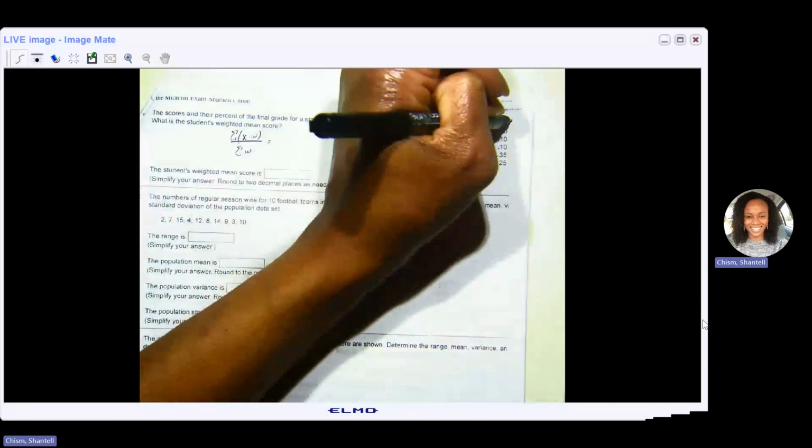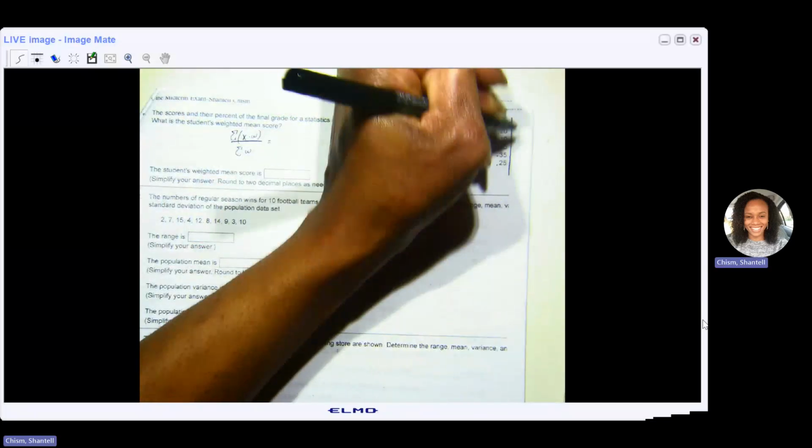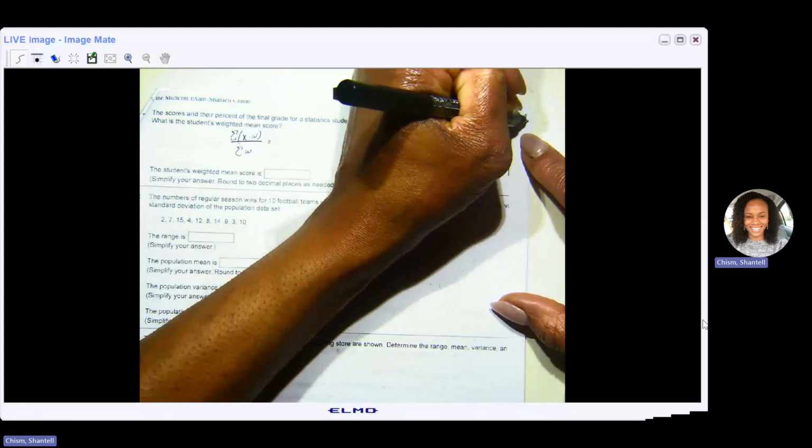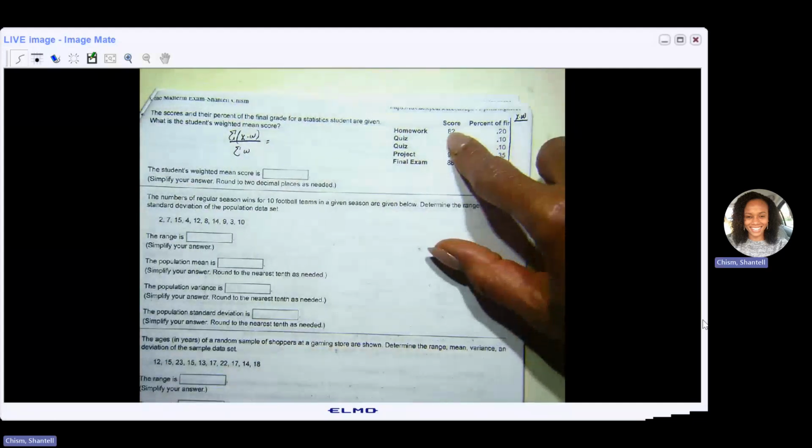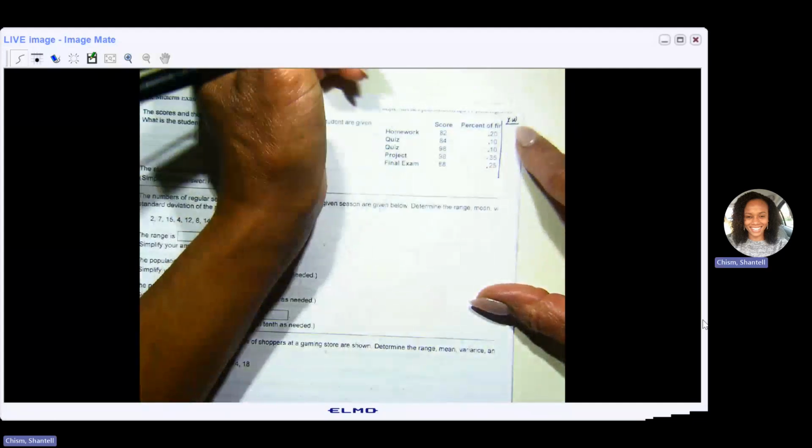So if you want to see that written out in a new column, if I had room here, this is what I would do. I would call this X times W, where I'm multiplying each X times its weight or its percent.